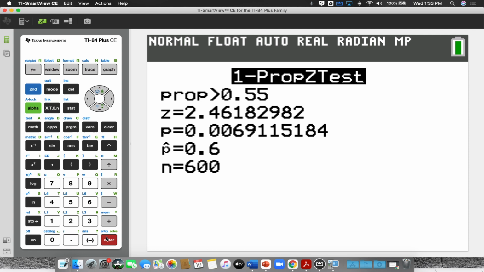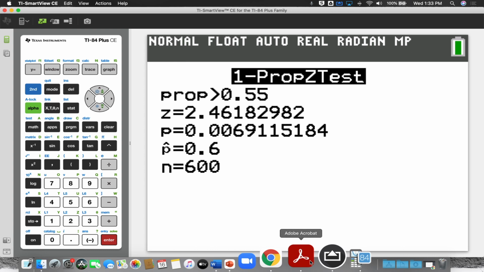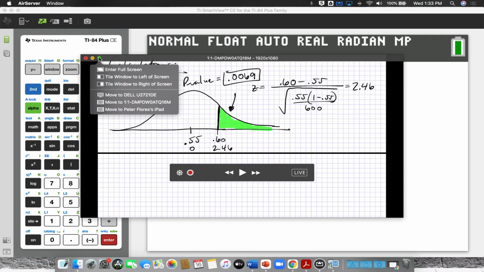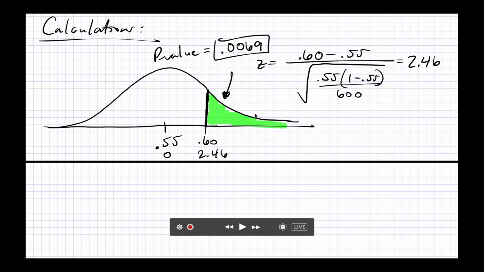And then right under is the p-value, 0.0069. And then p hat is 0.6 and n was 600. We already knew that. All right, so that's our calculations.